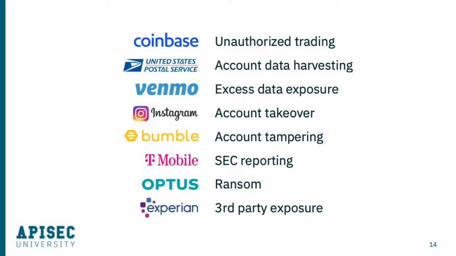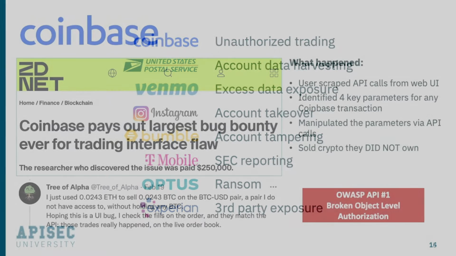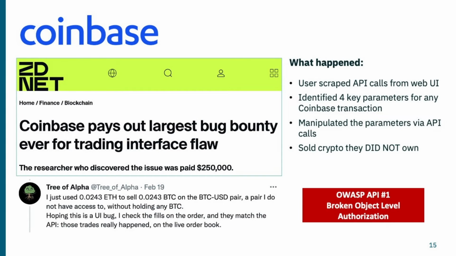Or in the case of Optus, where the impact was a ransom demand, and so forth. So there's a lot of different ways that API attacks can achieve their intended goals. We'll start with Coinbase. We'll go into a little more detail on this one because there's a lot to know, and it's a quite interesting example.